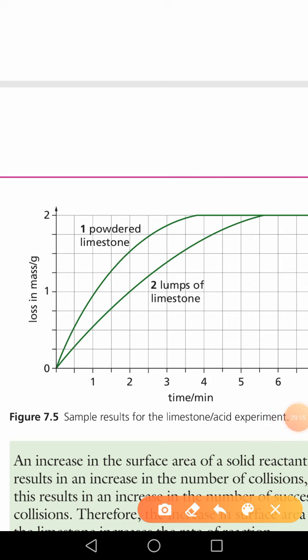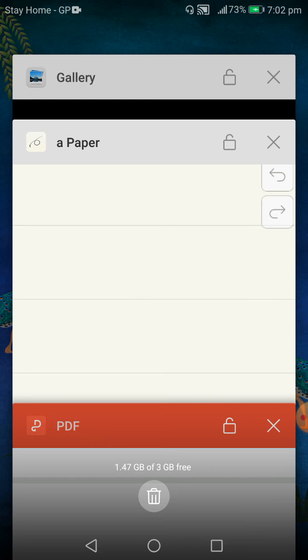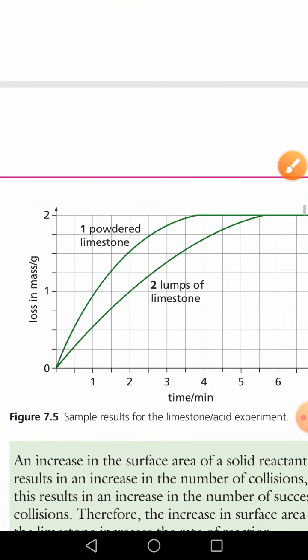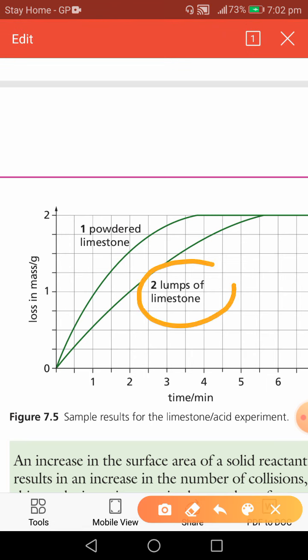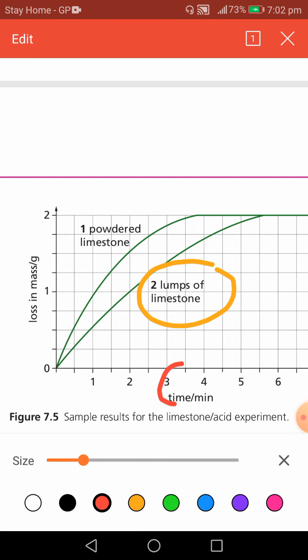Look over here. Here they have used the lump of limestone, the lump.